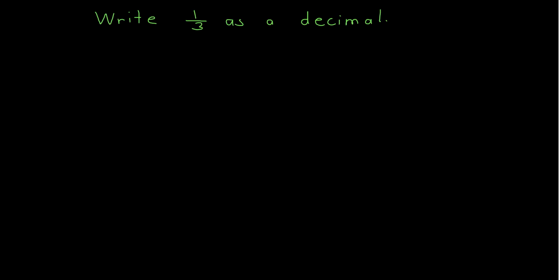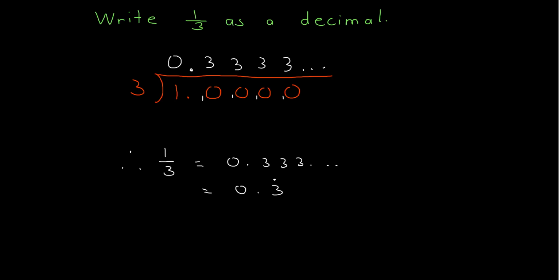Okay, let's check our answer. So we do 1 divided by 3. 3 goes on the outside, 1 goes on the inside. 3 into 1 goes 0, carry the 1. 3 into 10 goes 3, with 1 left over. 3 into this 10 goes 3, with 1 left over, and you get the idea.